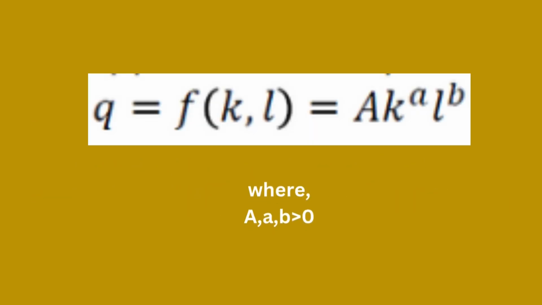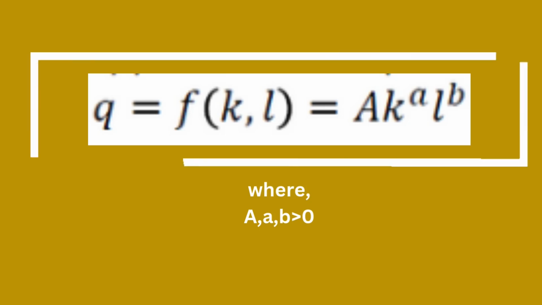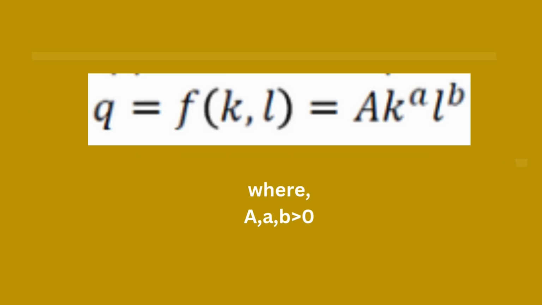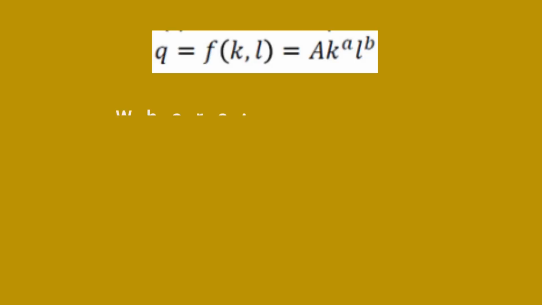So the Cobb-Douglas production function shows us that Q is a function of capital and labor, which is represented as Q = A K^a L^b, where the exponent of K is a and the exponent of L is b, and the values of small a and small b are less than 1.